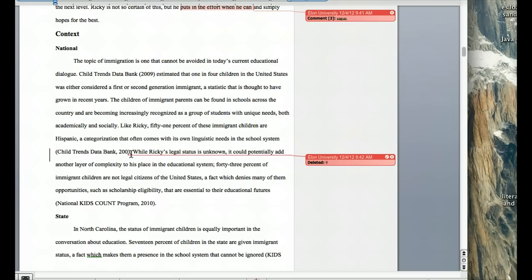We don't need the 2009 here because it was already up here. In APA, once you have the date presented on a citation, you do not repeat the date within the same paragraph.